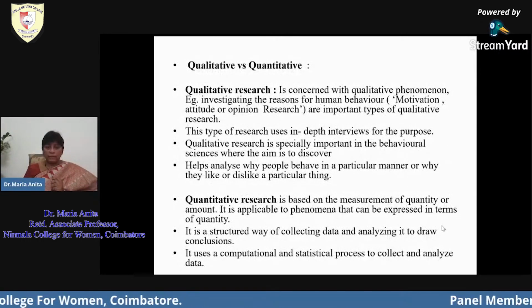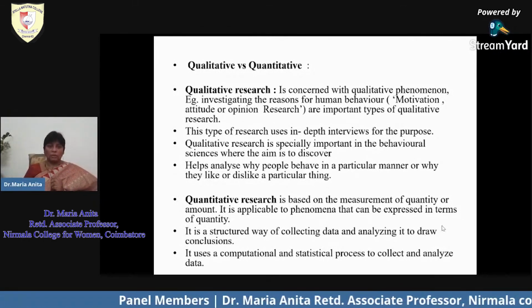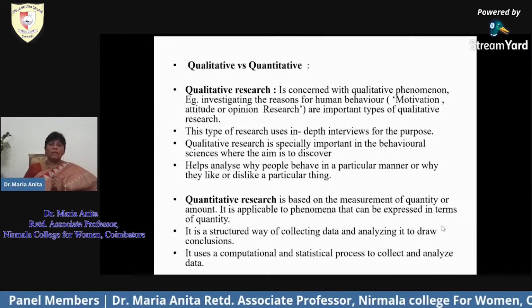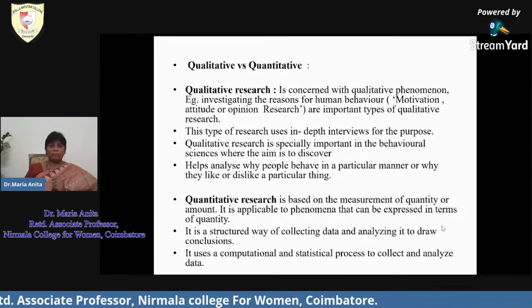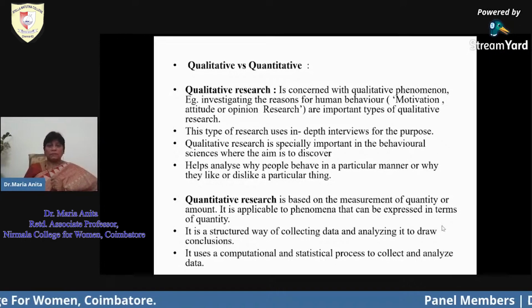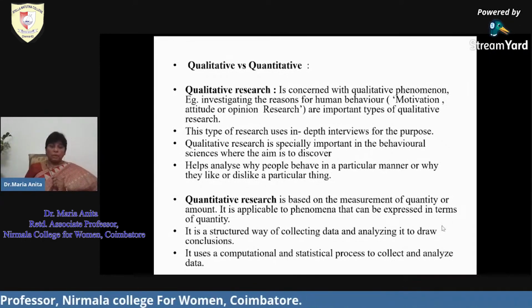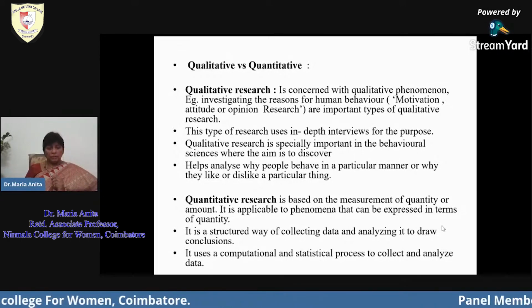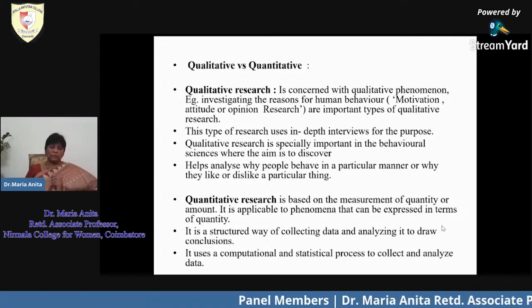Then you have qualitative and quantitative research. I'm not going into the details of it because we are having another series on qualitative and quantitative research. I just want to mention that qualitative research is more concerned with human behavior, like attitudes, opinions, motivations. Quantitative research can be complementary to qualitative research.